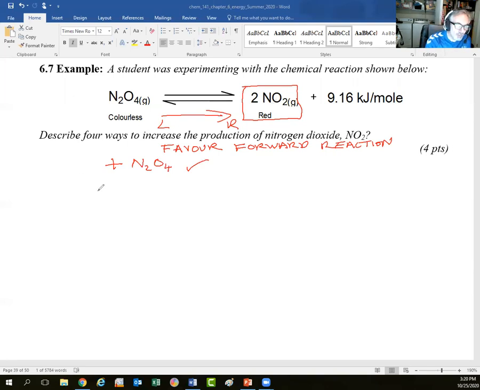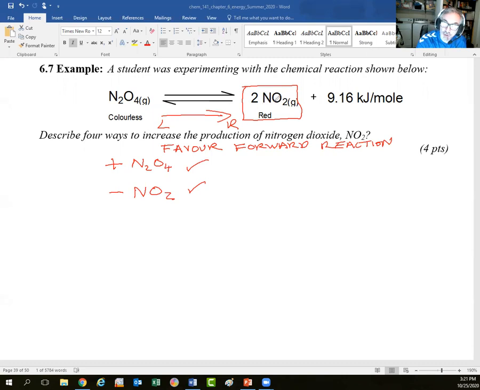We could also remove a chemical. Removing chemicals moves equilibrium towards that chemical, so we could remove the NO2. Literally scoop it out of the reaction mix. That doesn't stop it being produced, because it's collisions in the forward reaction with N2O4 that produce NO2.